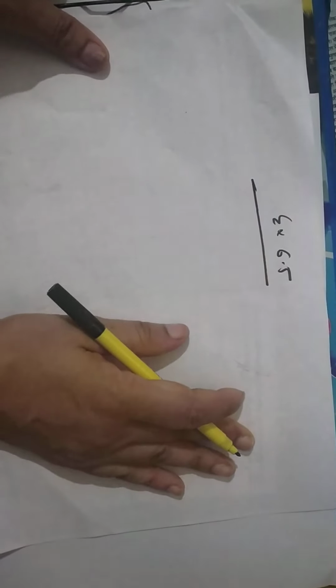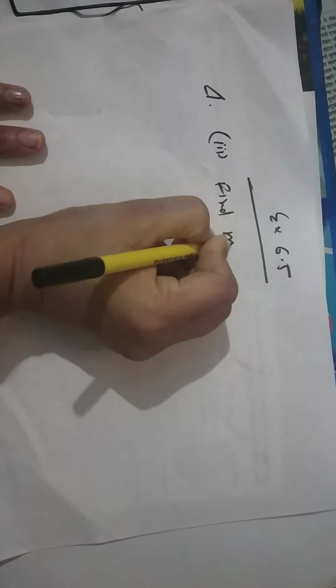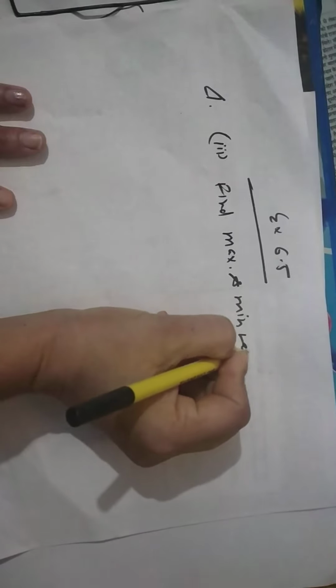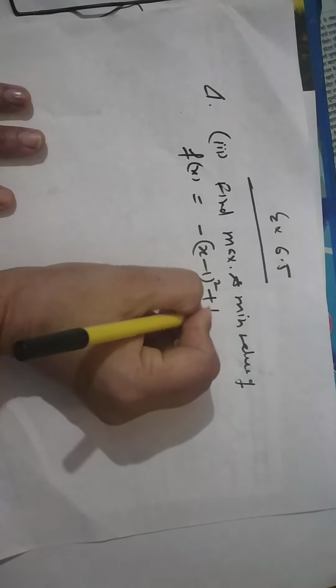I am taking the first question, the third part, which is: find the maximum and minimum value of the function, which is minus (x minus 1) square plus 10.